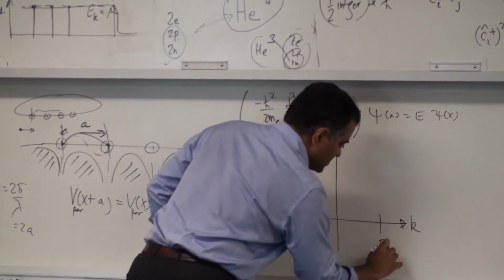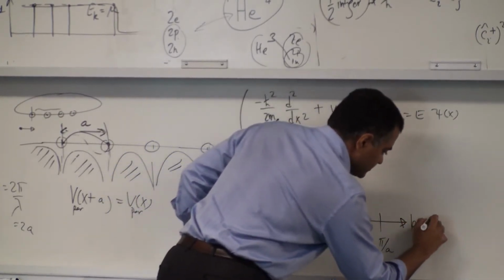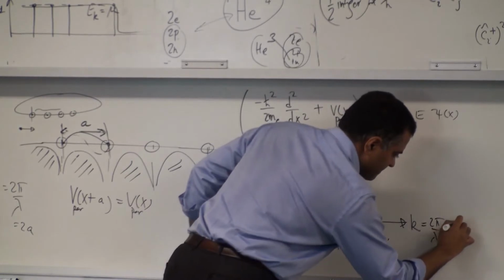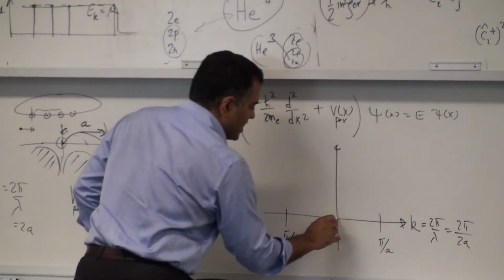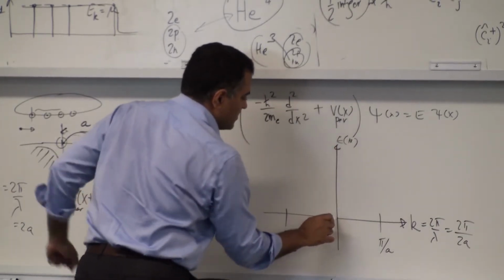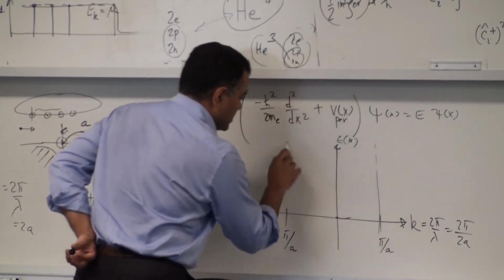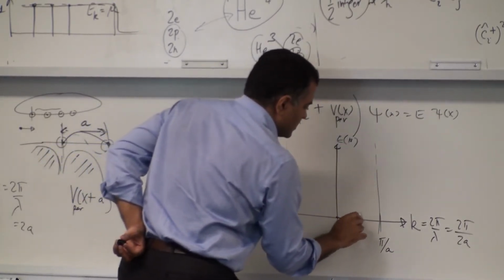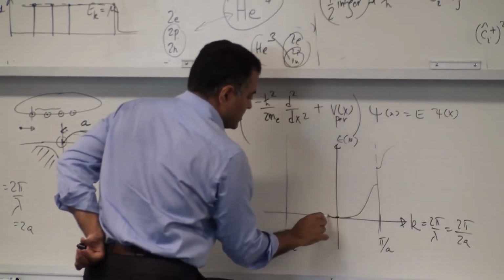You have, as a result, minus pi over a. And what happens is at low energies, the electron energies look very similar to the free electron, but as you come to this edge, it will look something like this.